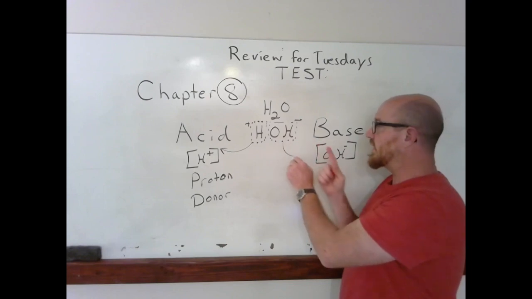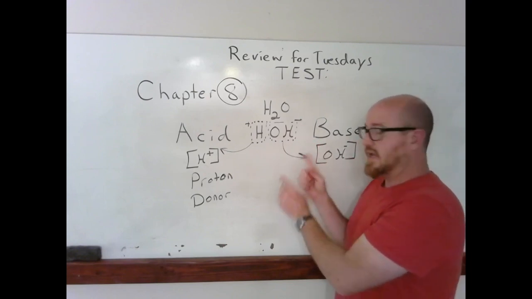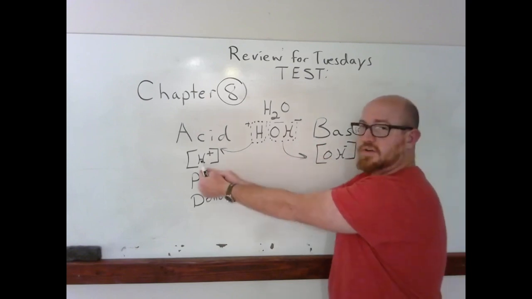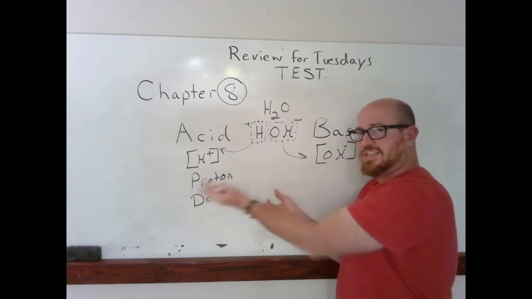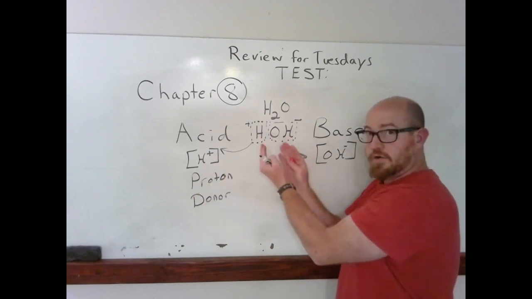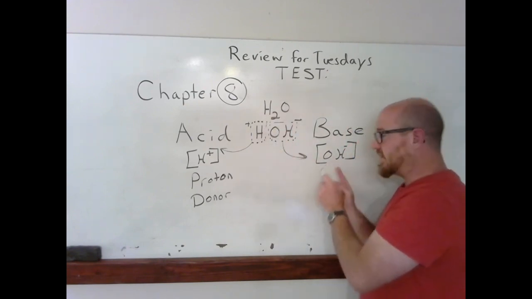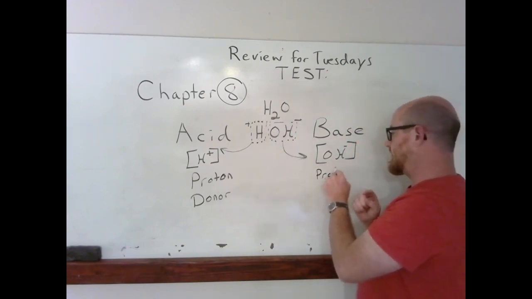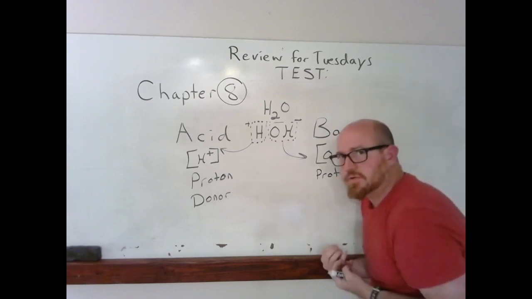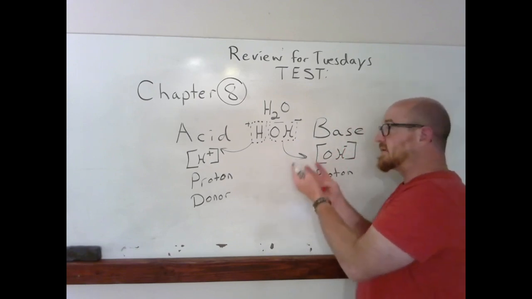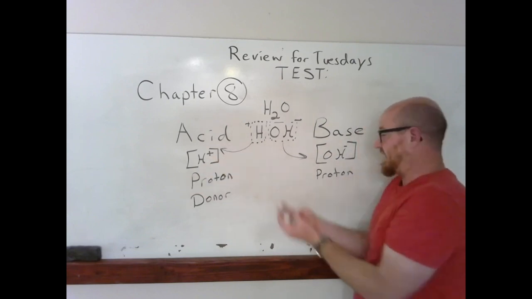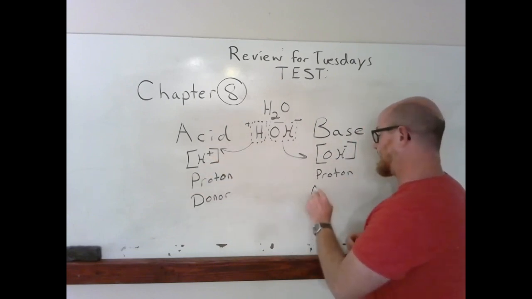But what it really is, is that it desperately wants that proton back. It wants to take it back in to make water, to get back to where it started. So what we call this is a proton acceptor. It is missing one, and it wants it back. So it's going to accept it back.